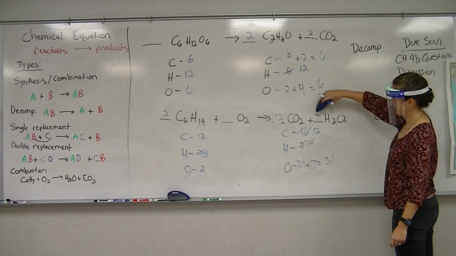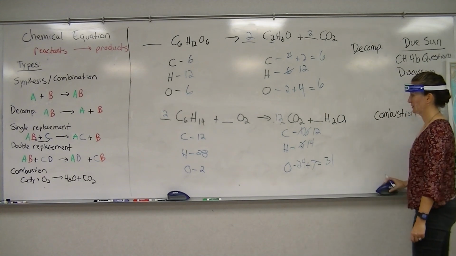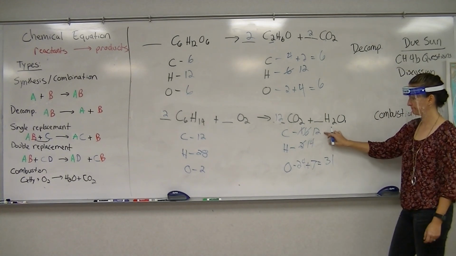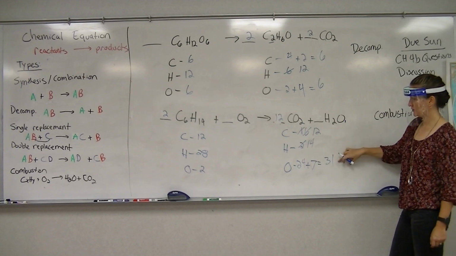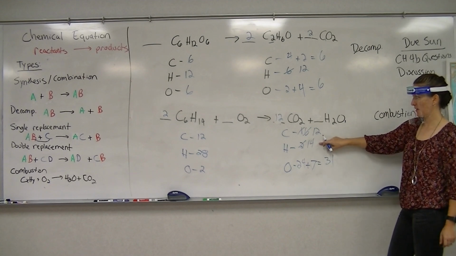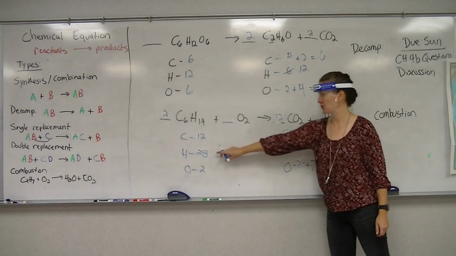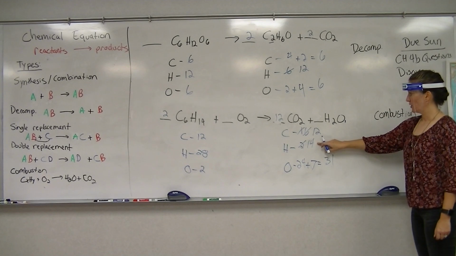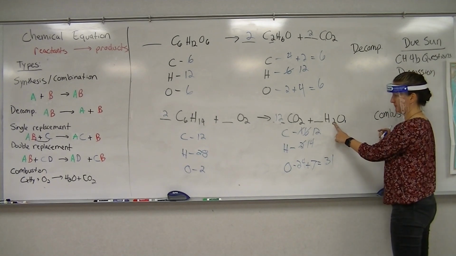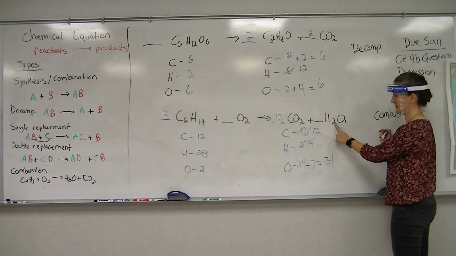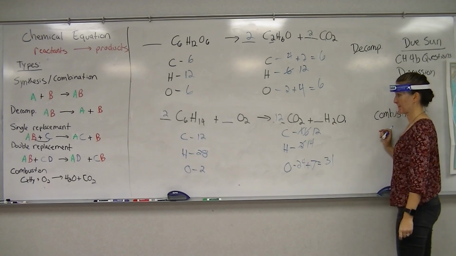But I've got to change this guy too. So I've done carbons. My oxygens are still crazy. Let's see if this will help. So I need 28 hydrogens. What times 2 gives me 28? 14.